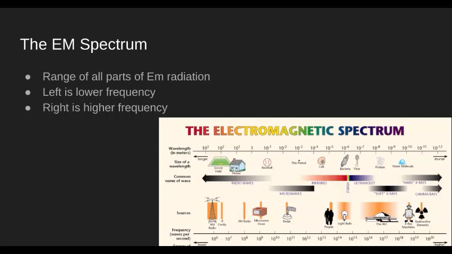Just know that things on the right side have a high frequency, and the radiations on the left side have a lower frequency. There's also a fairly tiny point right in the middle, which is visible light. And that's the type of radiation we can see, so our colors. Our ROYGBIV.